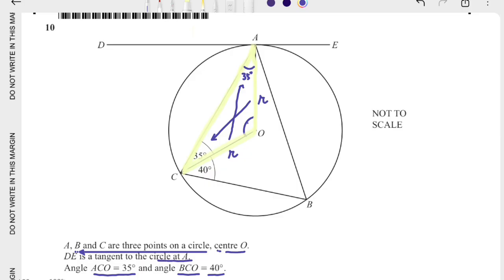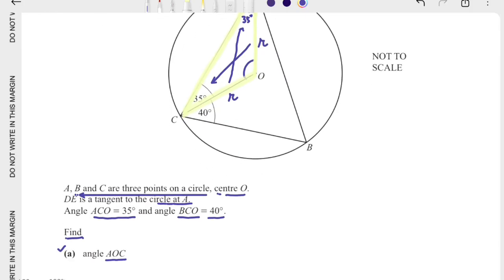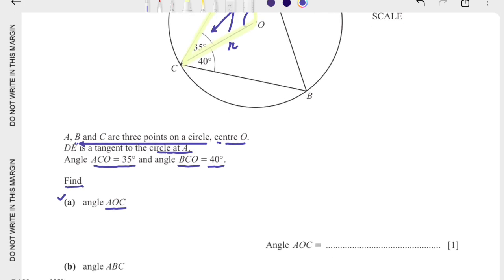Now we can easily find out this angle, that is AOC. So we can do some working here, that angle AOC plus 35 is equal to 180 degrees.